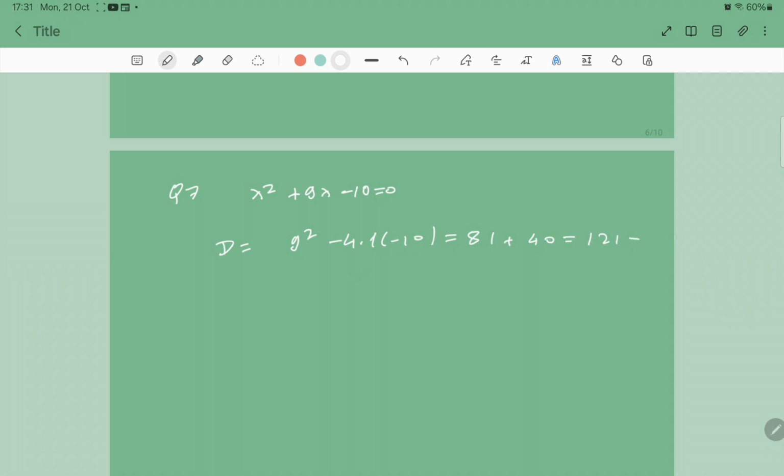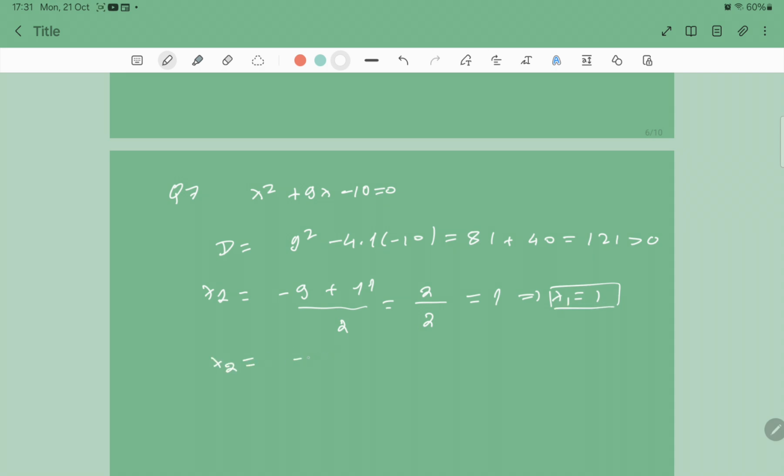My discriminant is 121, it's strictly positive. It's minus 9 plus the square root of 121, which is 11, divided by 2. The numerator is 2, the denominator is 2. My x1 equals 1.